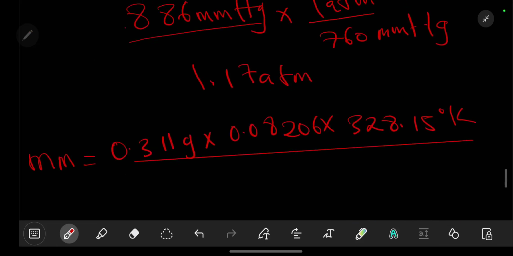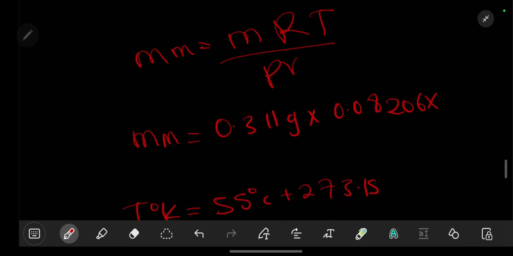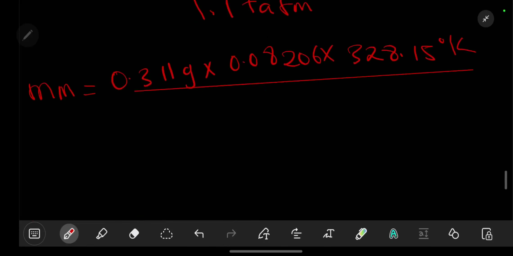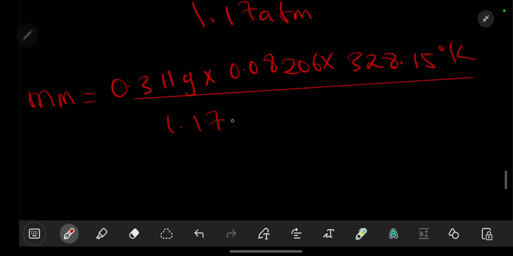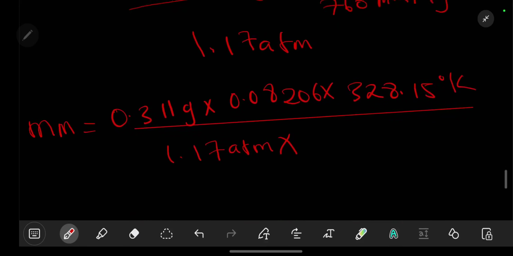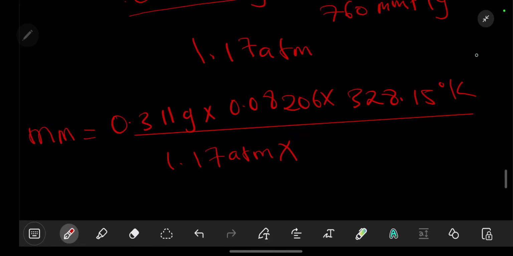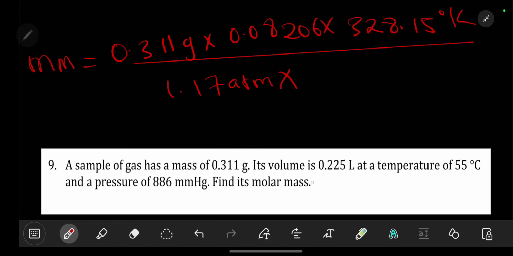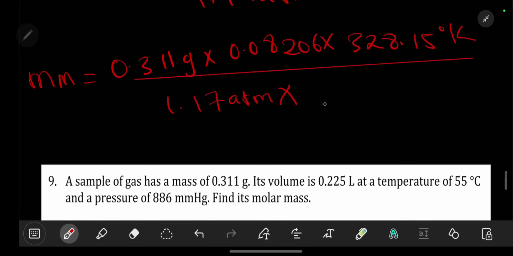So we put it there. Pressure is 1.17 atmospheres, multiplied by our volume, 0.225 liters.